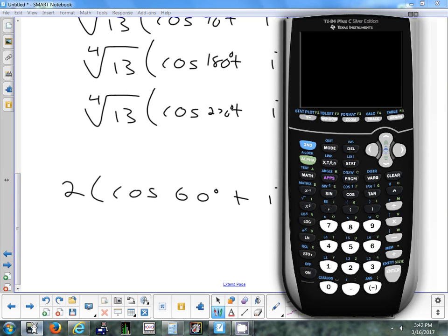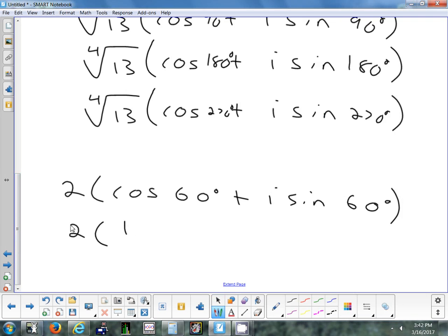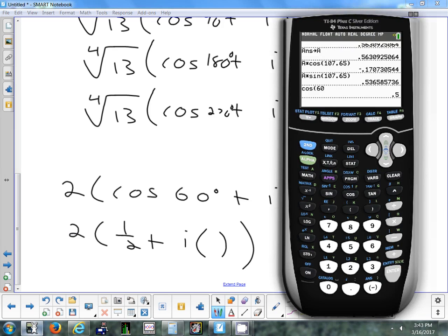I'm going to start with just cosine 60. That's a half, so that's not too bad. So it's 1/2, and that's exact, plus i times. Now I need to figure out the sine of 60. What is that?